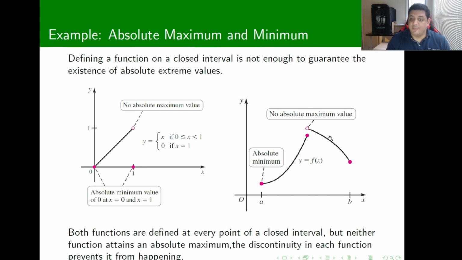So we don't have a maximum here. We do have an absolute minimum. This is the possible absolute minimum in this closed interval. And that's it. So discontinuities are really, really bad for getting absolute maximums and absolute minimums.